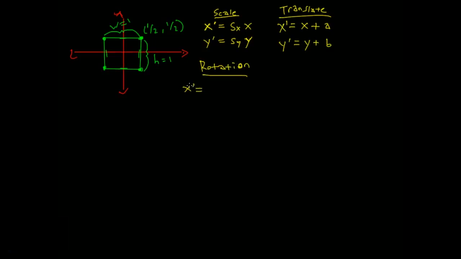Before anything, let me write this equation so you can get a head start, and then I will explain how you get this. I can write x prime after the rotation, my new x value, as x into cosine of the angle minus y into sine of the angle. This gives me the new x coordinate.